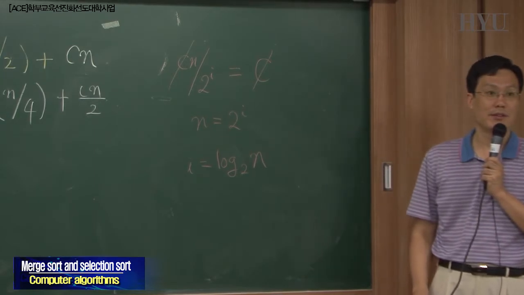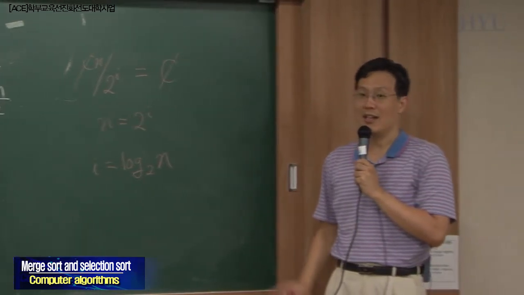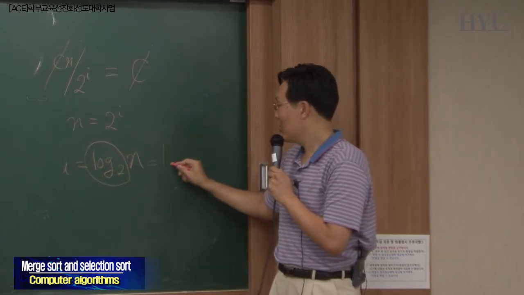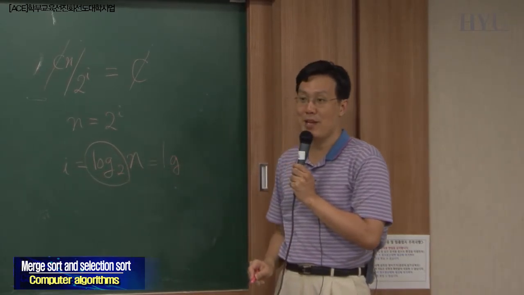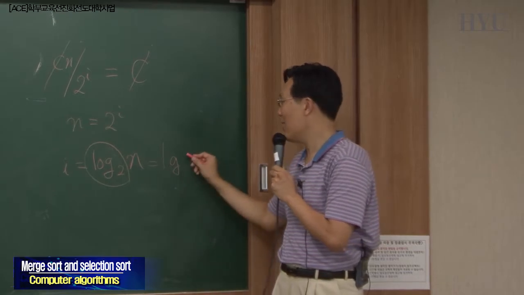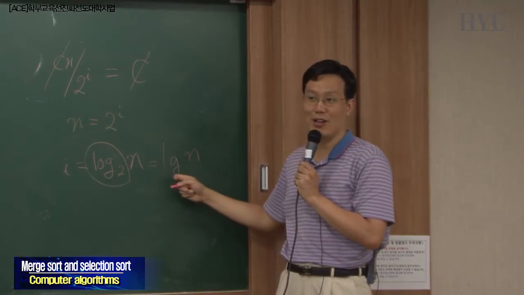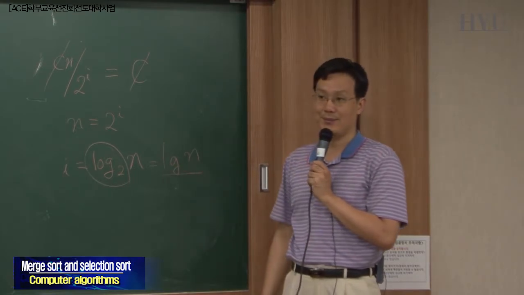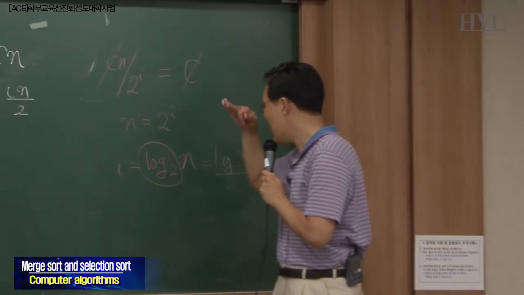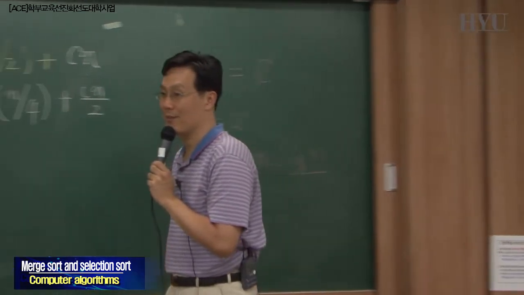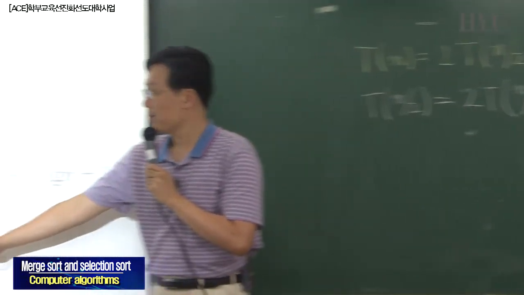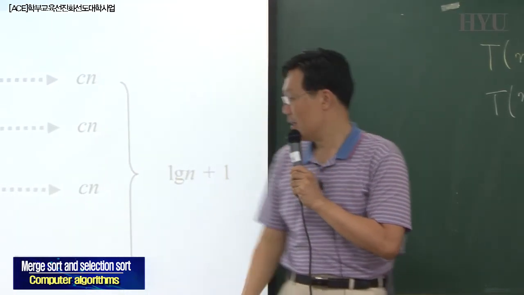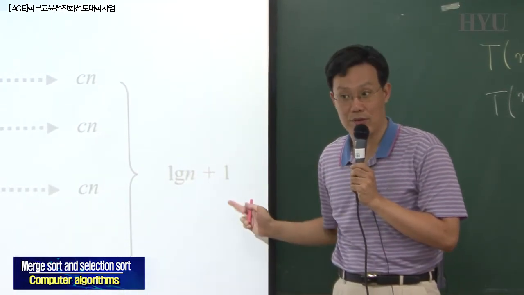And log whose base is 2 is simplified by binary log, lg. So the bottom level is log n. And because we started from level 0, there are log n plus 1 levels.